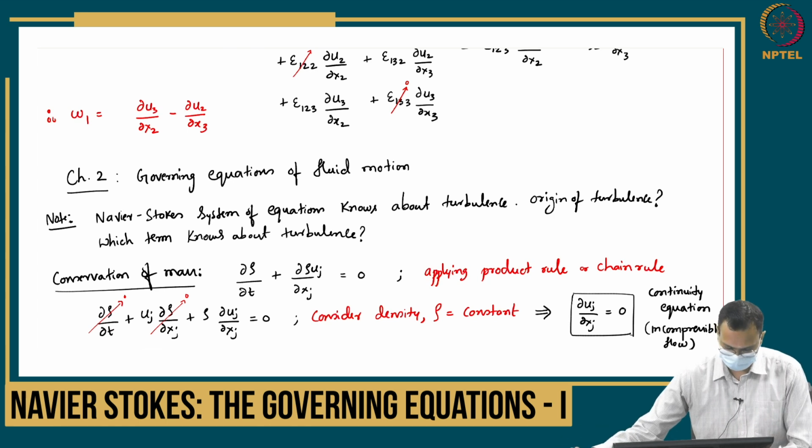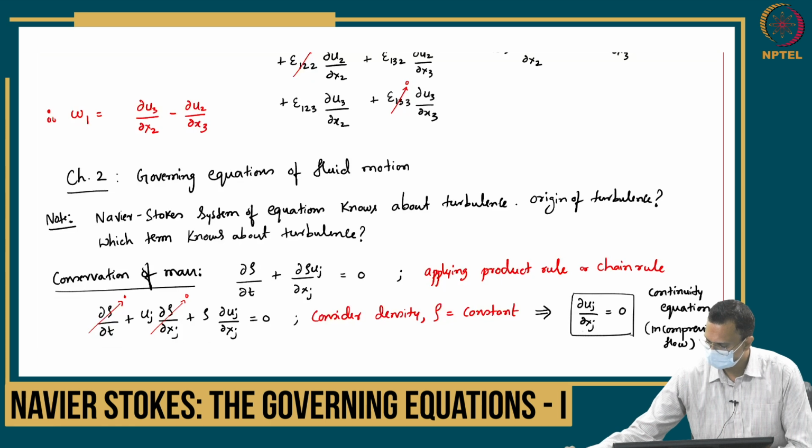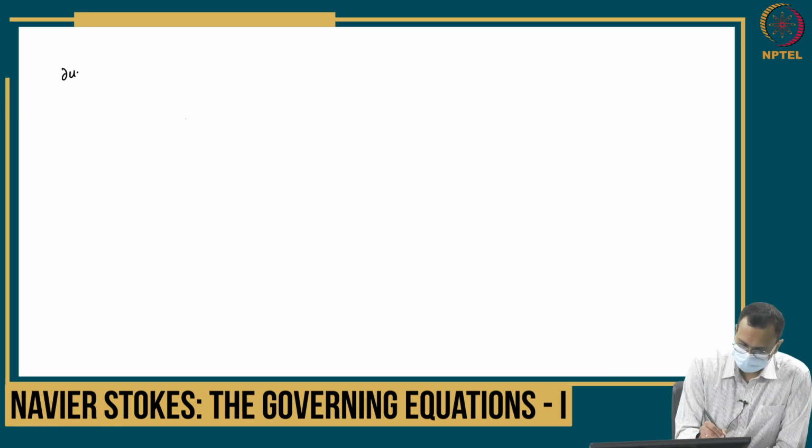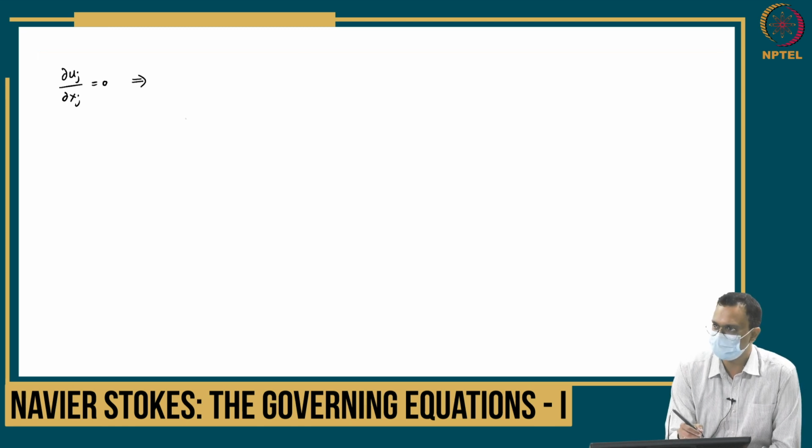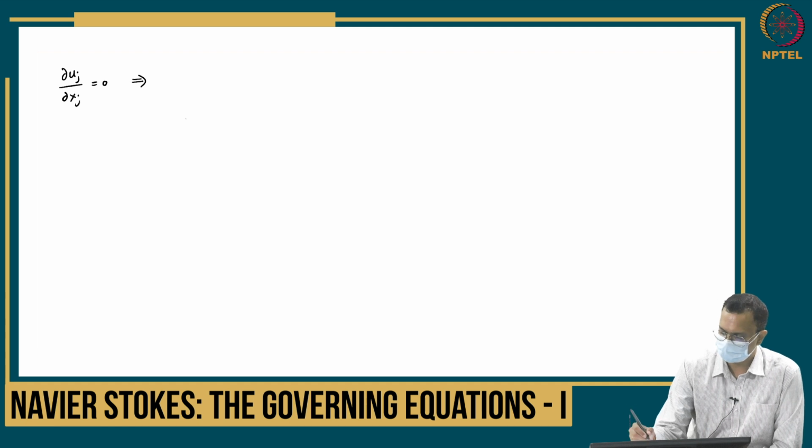So before that we can expand this particular term dou uj by dou xj, right? So okay, so I have dou uj by dou xj equal to 0. So what should I do now when I see two repeated indices? Einstein summation, right?